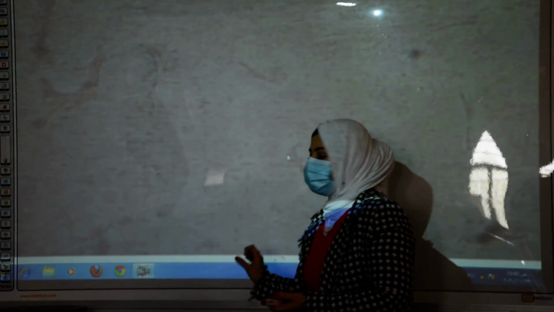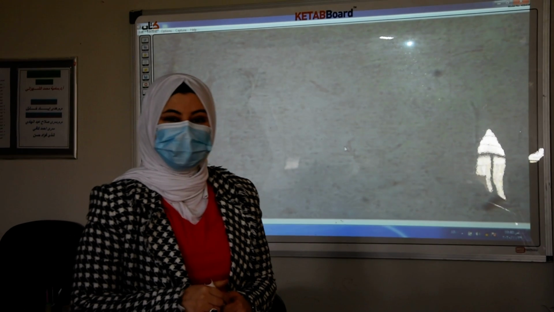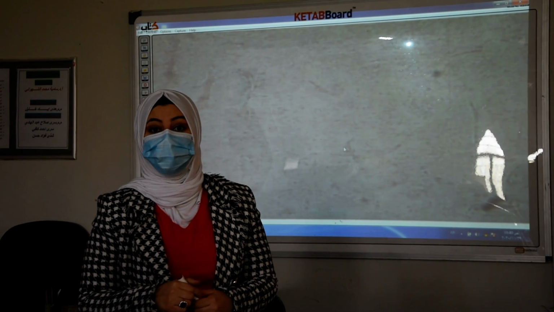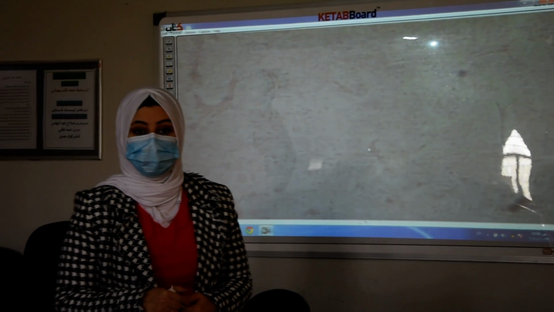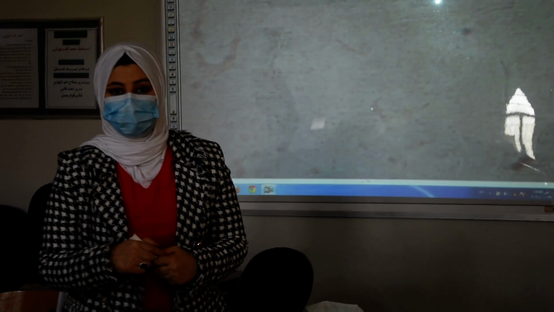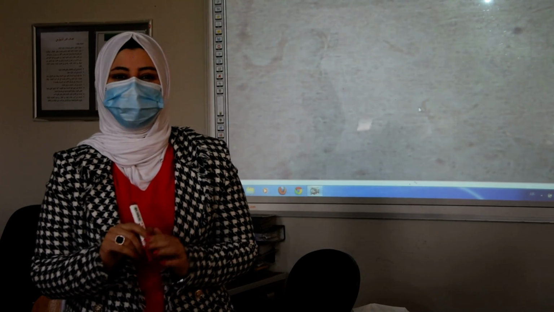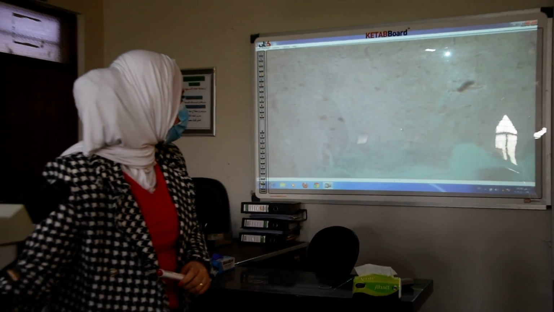The main characteristic feature of the pineal gland is the presence of brain sand, an accumulation of calcium phosphate and calcium carbonate that increases with age and starts from childhood.